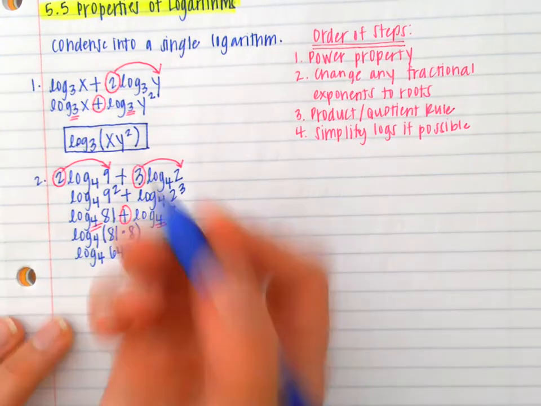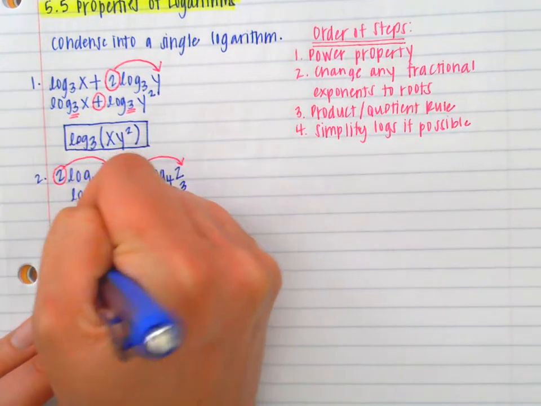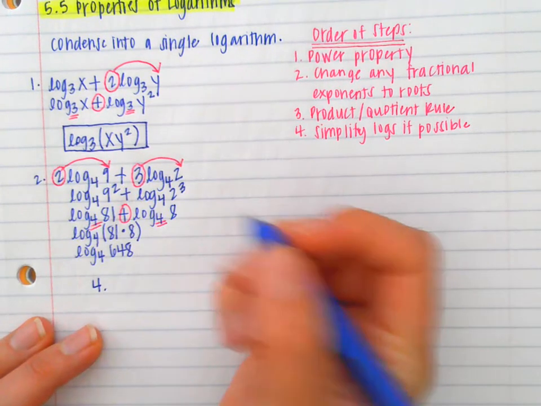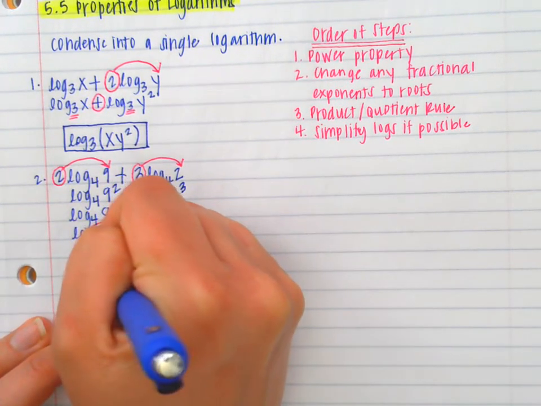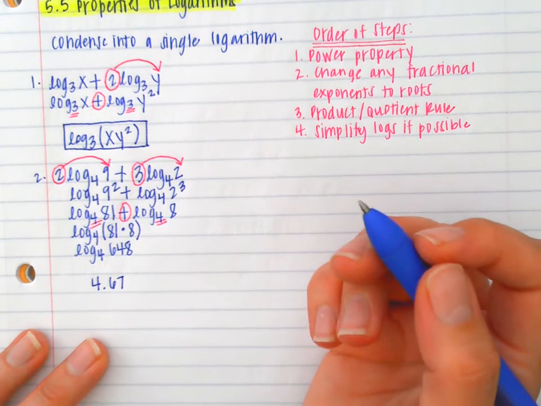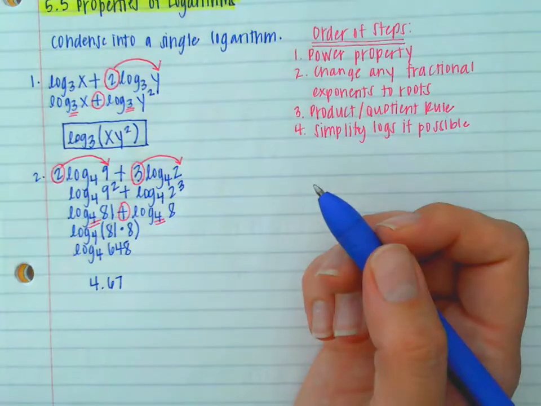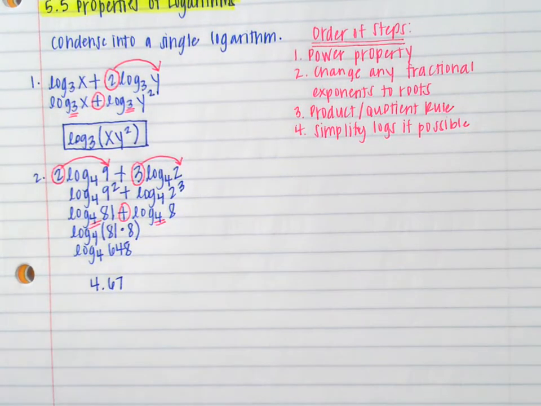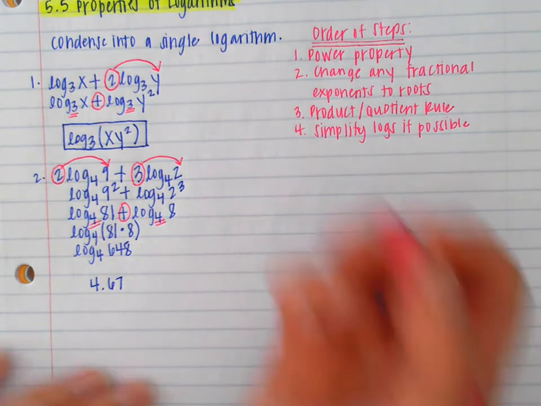Now, there's two answers. So this is going to be simplified is 4.67. I'm just going to round it to 2 decimals. Now with this, in the book or on a test or something like that, you have two options.